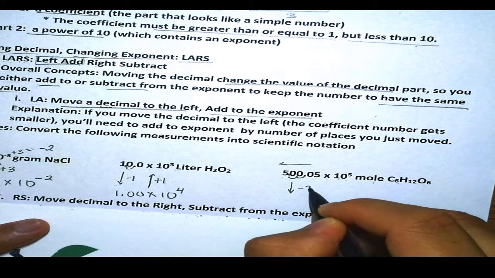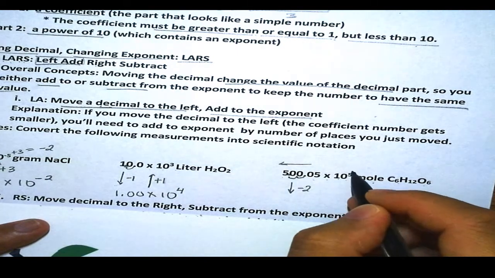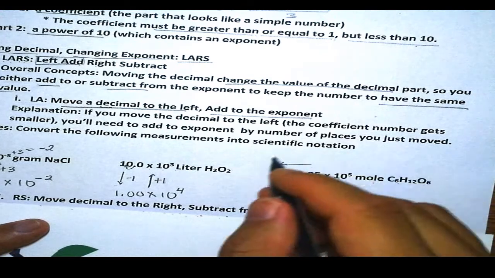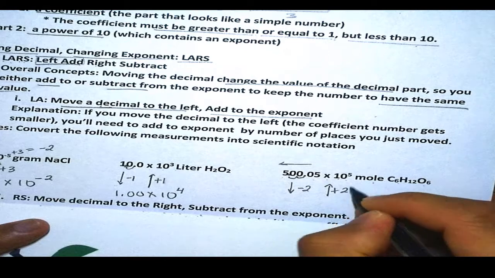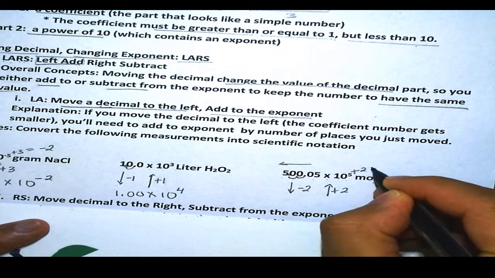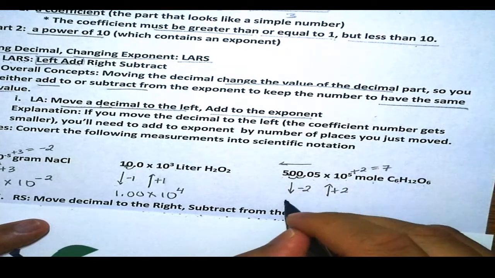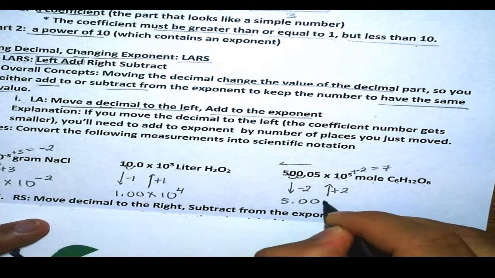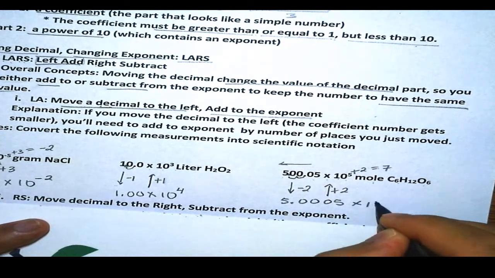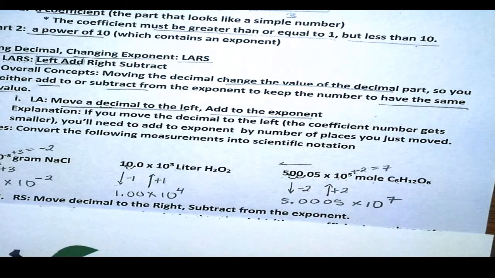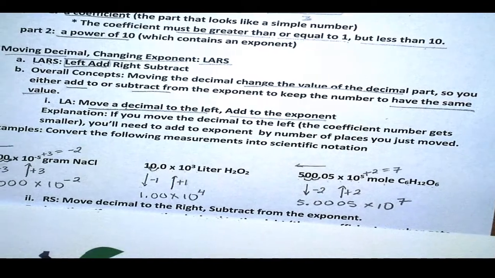So minus 2, and I have to do the opposite to keep the value of the whole number the same. So I'm going to add 2 to the exponent. 5 plus 2 gives us 7. So we have 5.0005 times 10 to the 7.